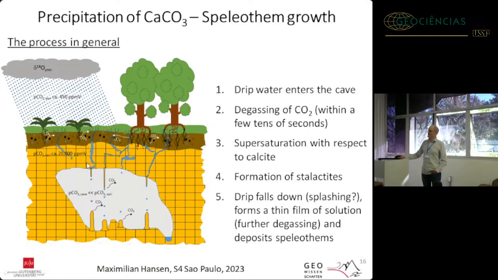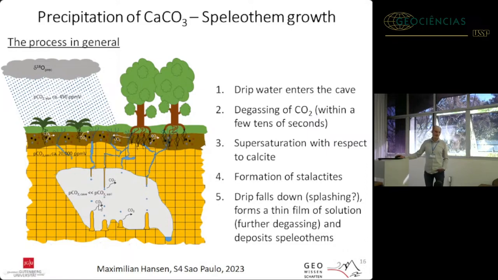If this solution then enters a cavity or a cave system, where you usually have much lower PCO2 values, you get degassing of the excess CO2. And that means the pH value will rise, you get supersaturation with respect to calcite, and then you have the formation of all kinds of speleothems, like stalagmites.